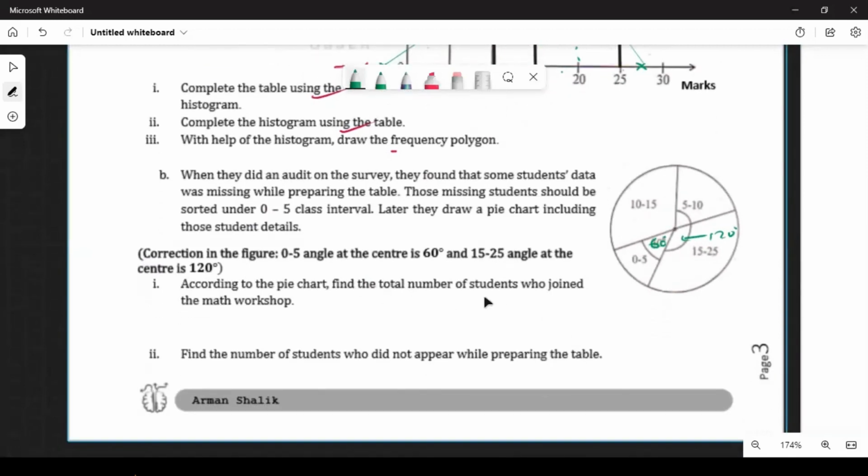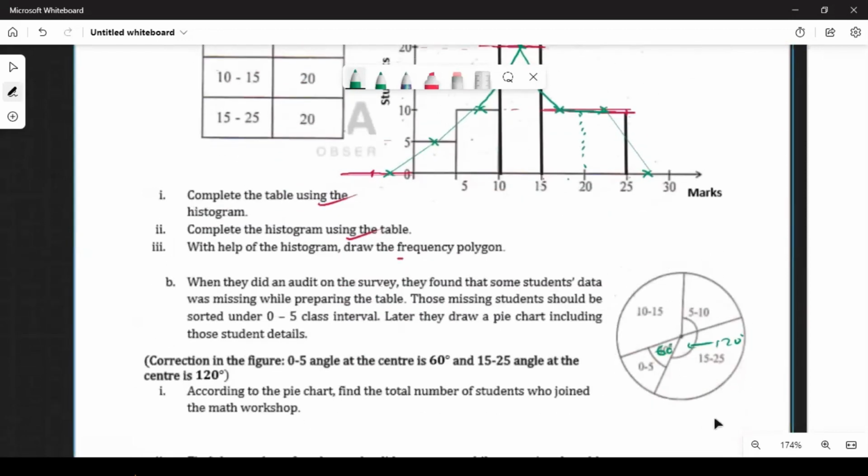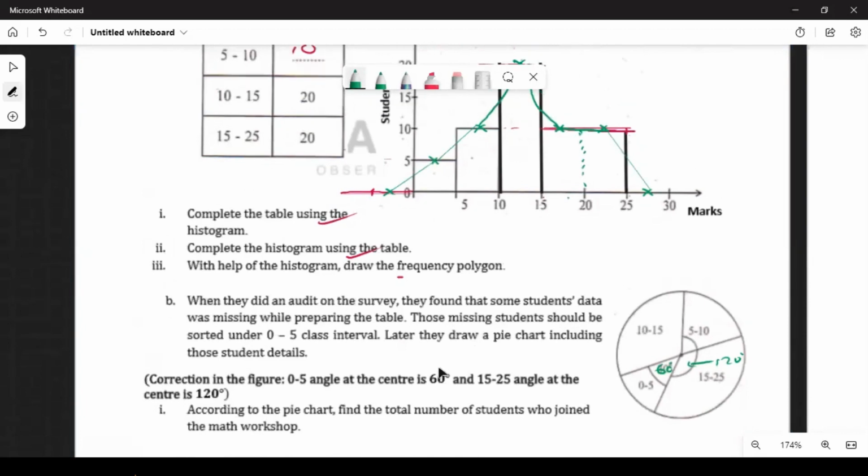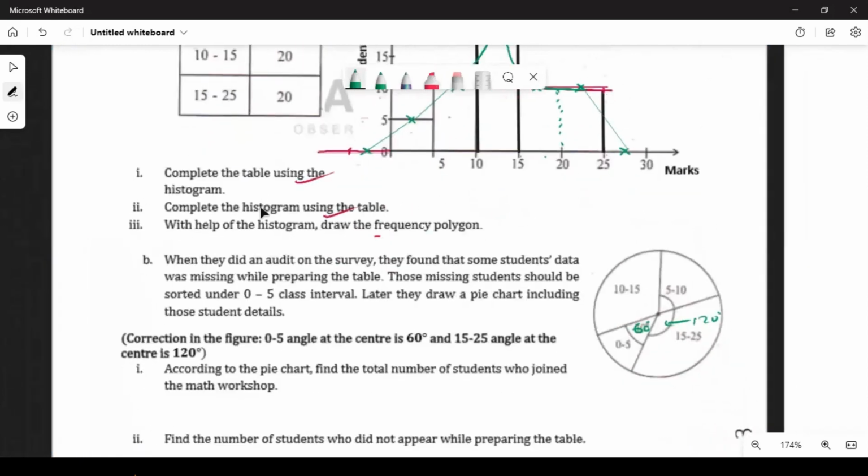According to the pie chart, find the total number of students who joined the math workshop. So the mistake is in this part only. Now this modified pie chart will give you the real data. However, the students who were sorted under the 15 to 25 category, which means these 20 students, that data is correct.